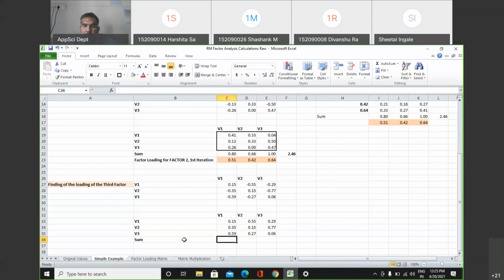Sum equals, now the grand sum. Then the initial factor loading, this one divided by the square root of this, and fix. That's it. Oh, that cannot be fixed.